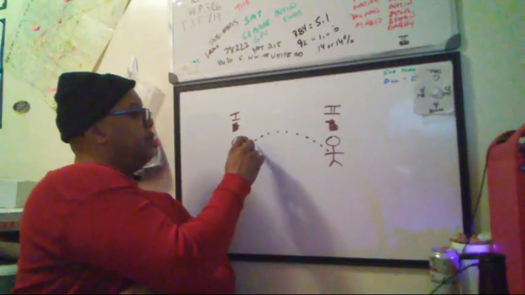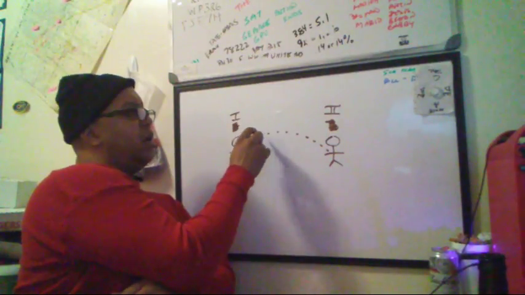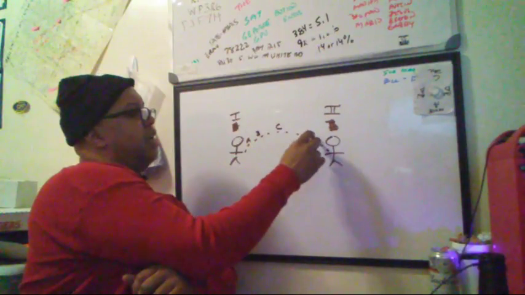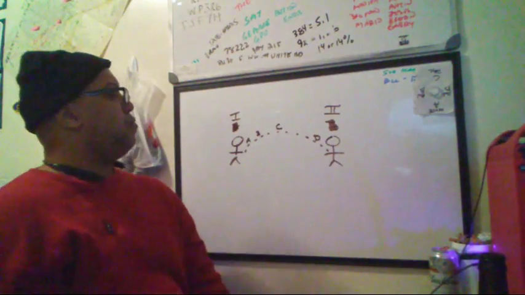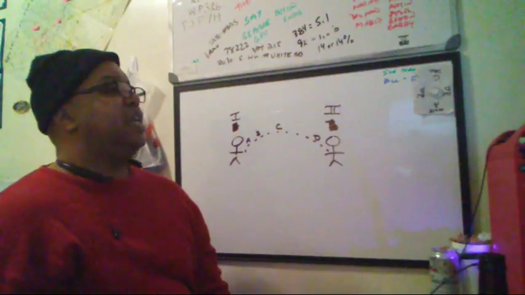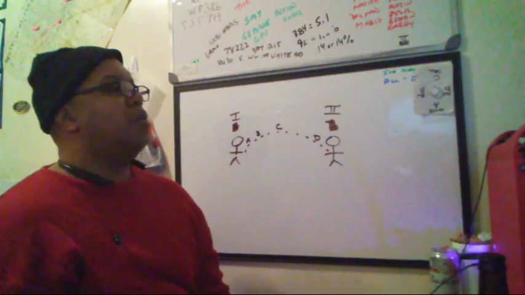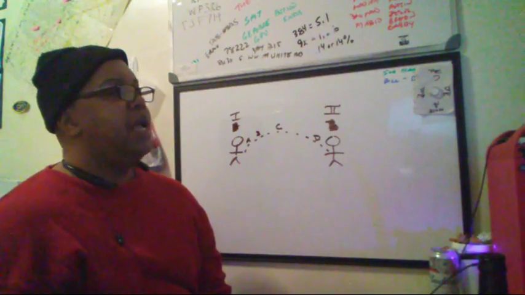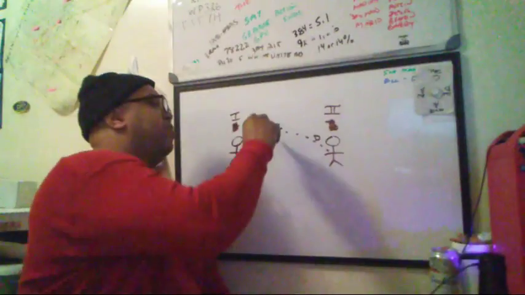And we have point A, point B, point C, and then point D. The question is asking, in the figure below, at what point was the ball traveling most slowly? And that will be at point C.